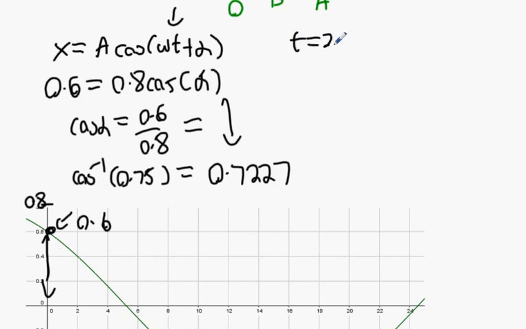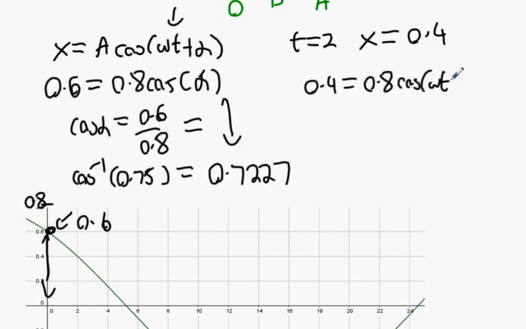Now, what you're going to do next, guys, is when t equals 2, the x value is 0.4. So 0.4 equals 0.8 cos omega t, but we have our correction, which is 0.7227. The correction is the same.